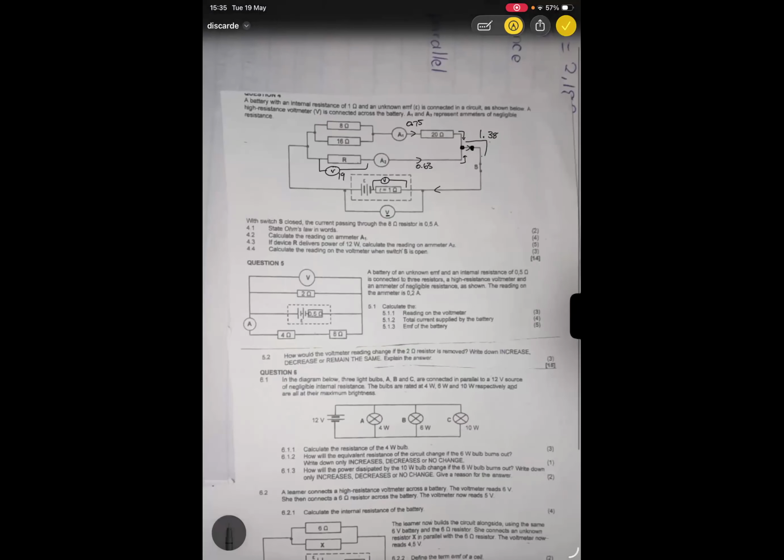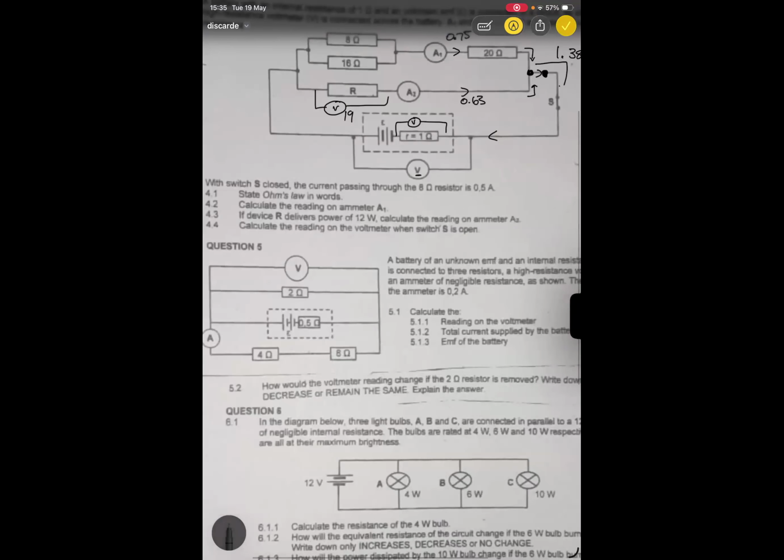So the potential difference is going to be 19.